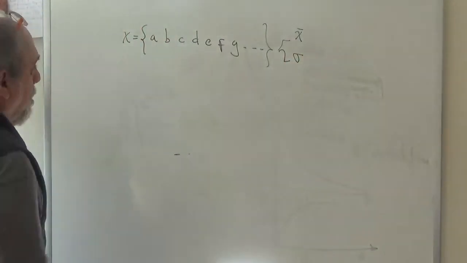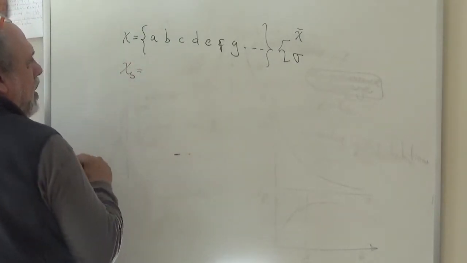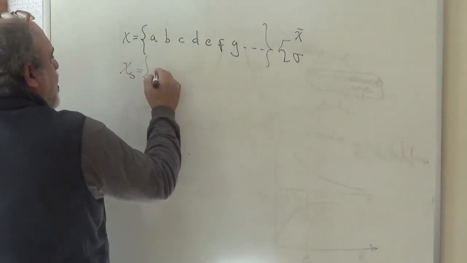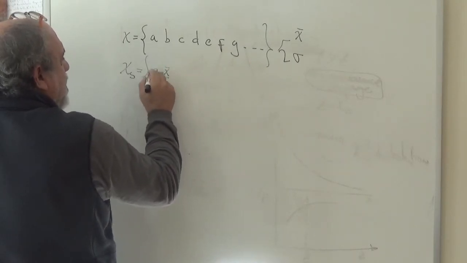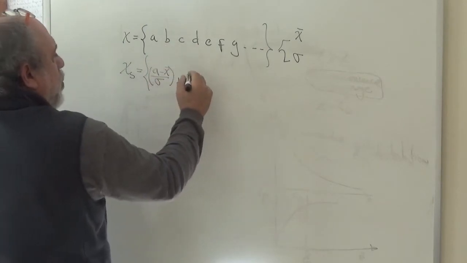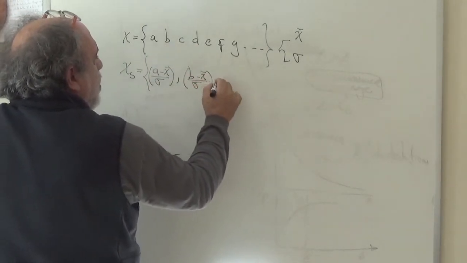No problem, right? Now, you could then get the standardized variable by taking every one of these numbers and calling this A minus X bar divided by sigma. And then this one would be B minus X bar divided by sigma. And you could do that all the way.